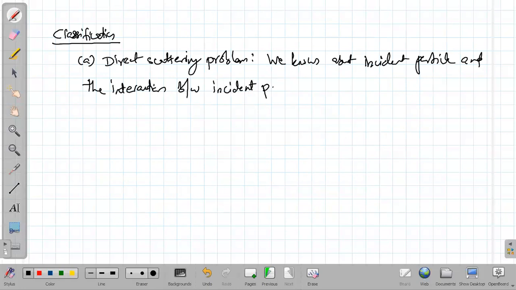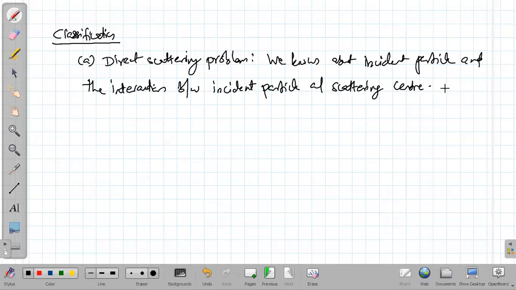What we don't know is the distribution of the scattered particles. That we study in the direct scattering problem.